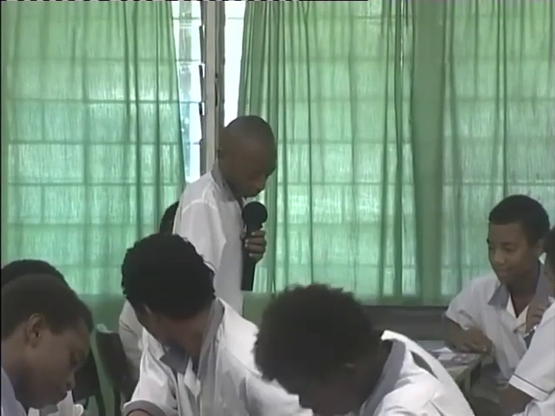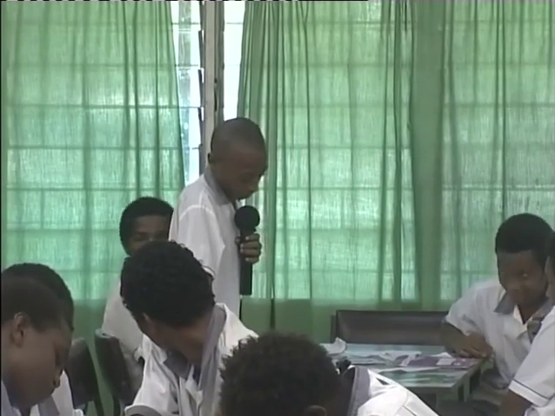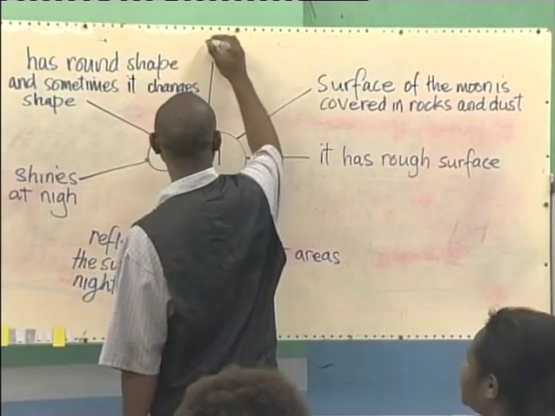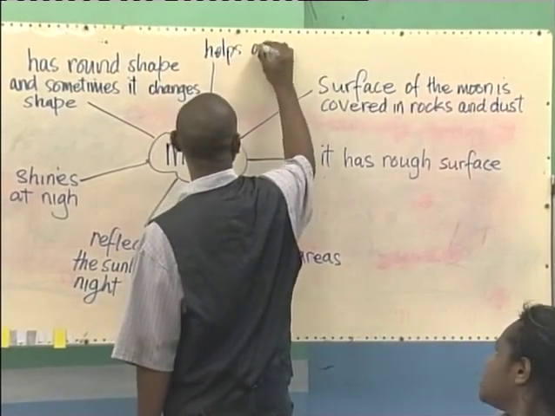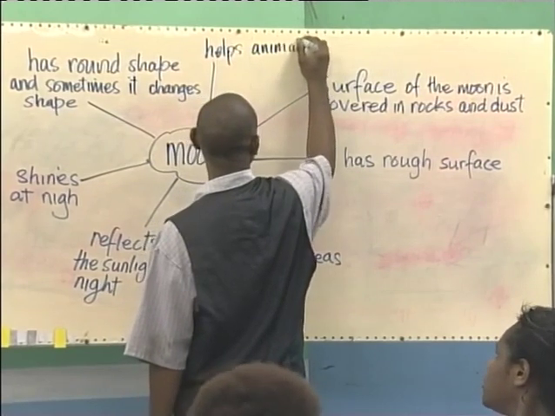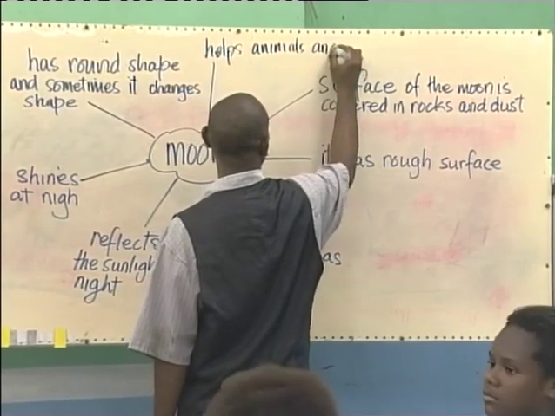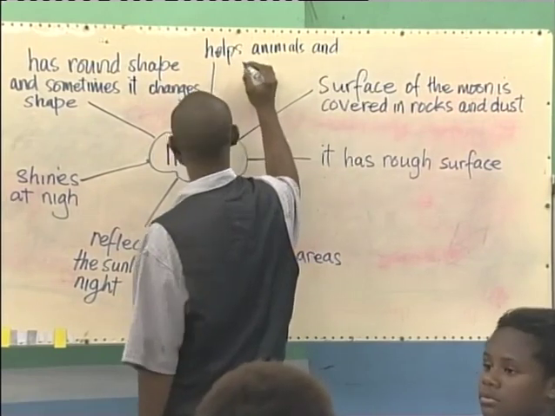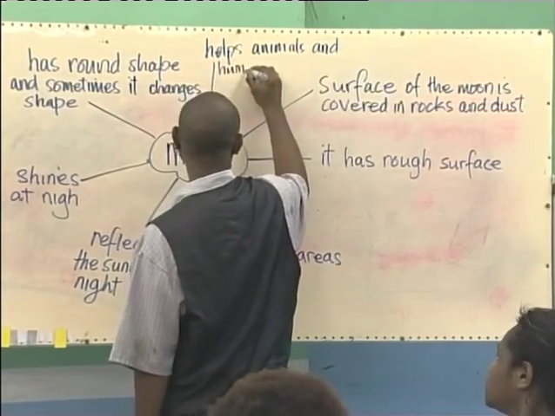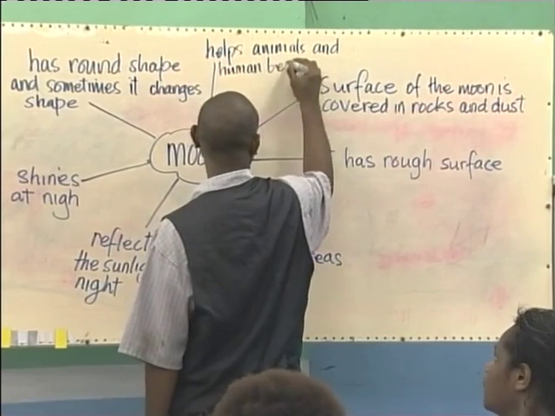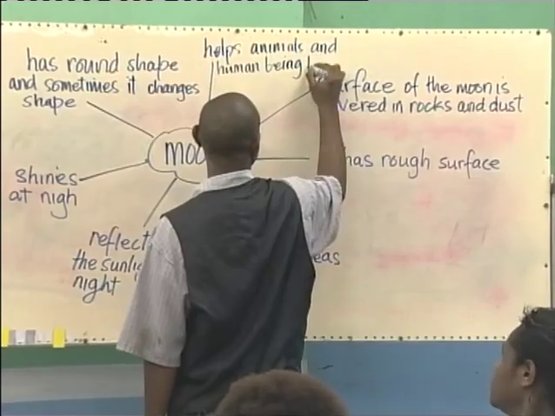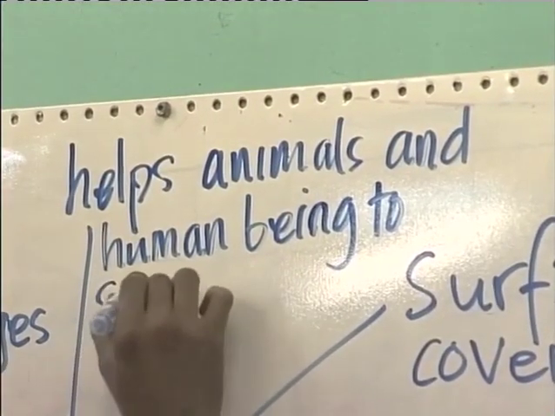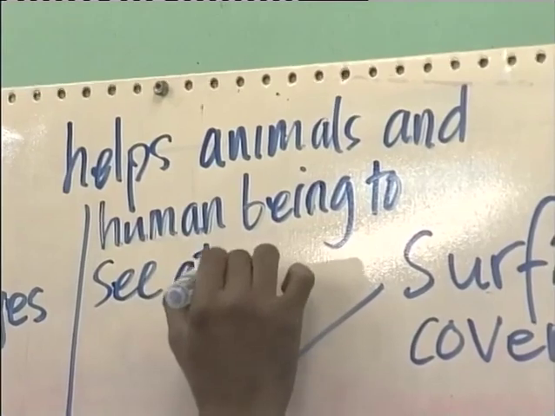Moon helps animals and human beings to see at night in dark place. Okay, helps animals and men or humans to see at night.